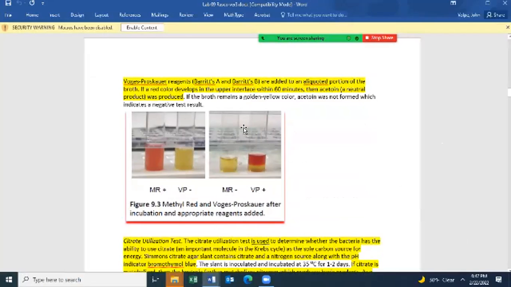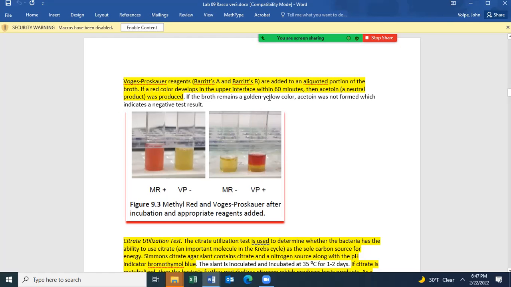The VP test looks at the neutral products of glycolysis. And if they're made, it will turn red when it's positive. Negative is not red. You have to add Barritt's A solution and Barritt's B solution to the tube. Mix the tube to add oxygen to the tube.